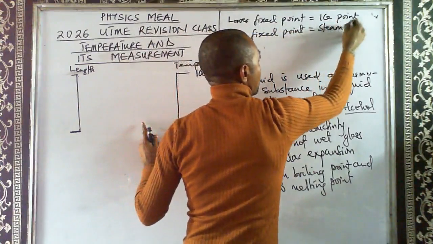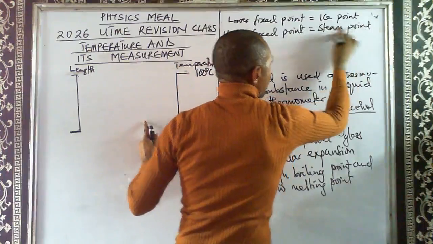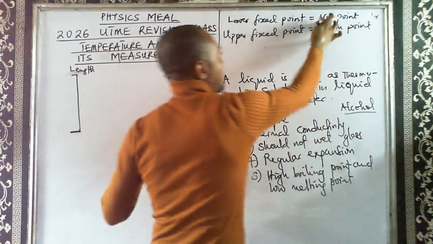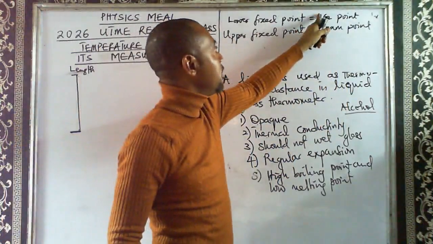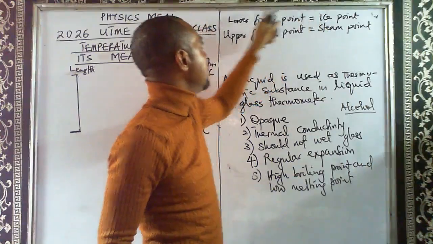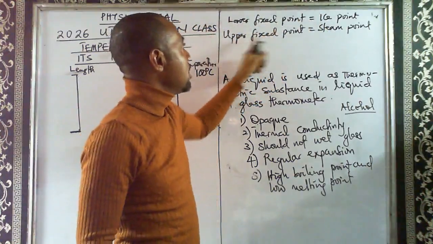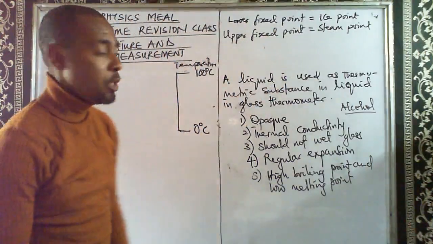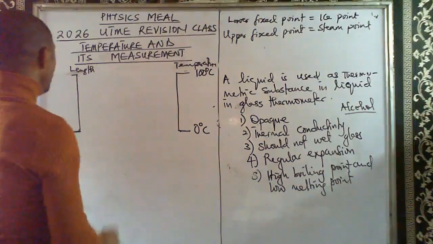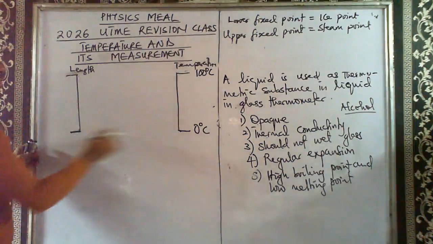Steam point or boiling point. We don't want to call it steam point, it's boiling point. Ice point, melting point, freezing point is the same thing. So ice point, freezing point, melting point means what? Lower fixed point. Steam point, boiling point means what? Upper fixed point.